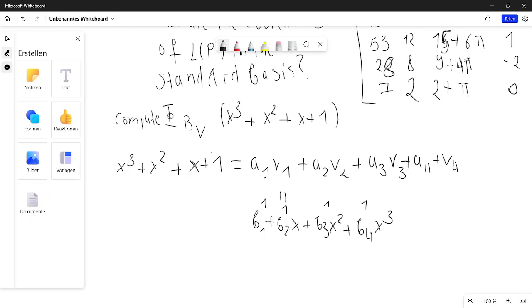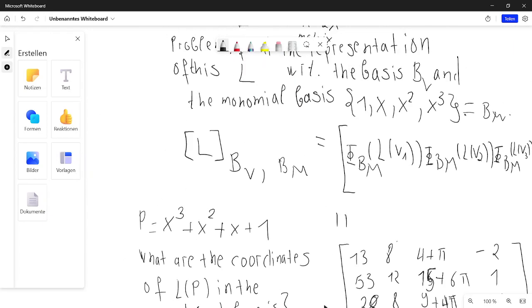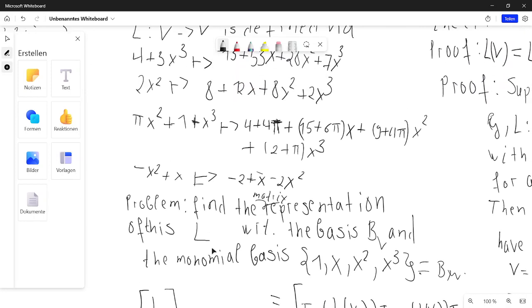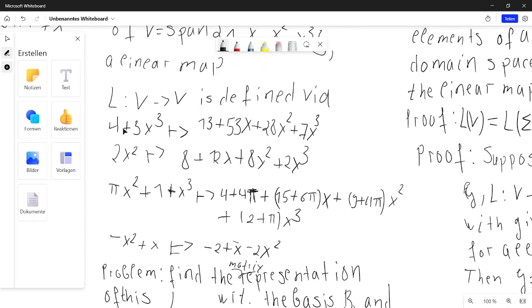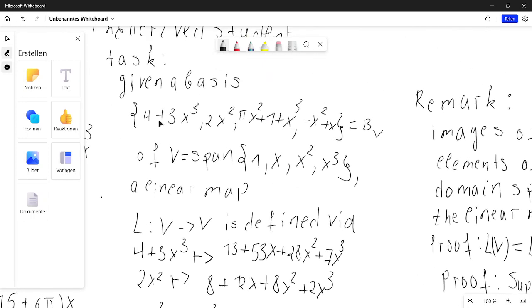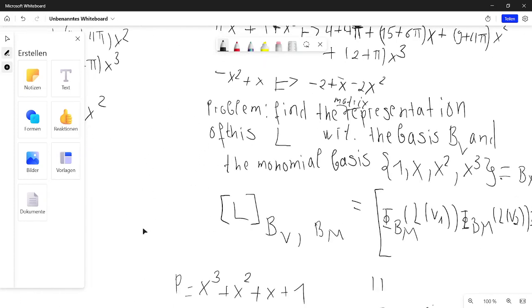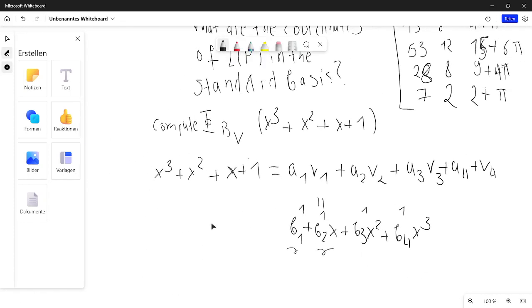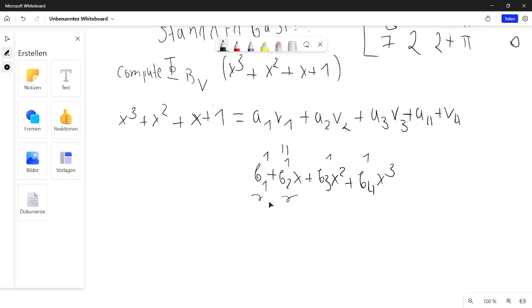Then you will have the same here, here, and here. What is given are these coefficients, from this basis. The b's are given and the a's are unknown, so you have simply this vector of A's.